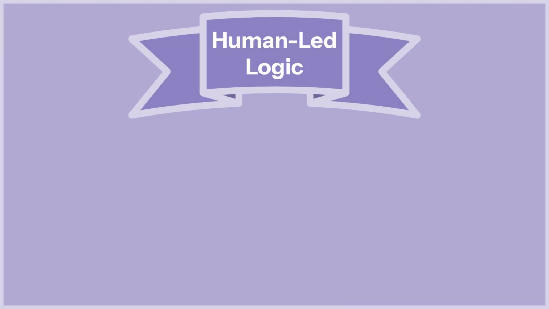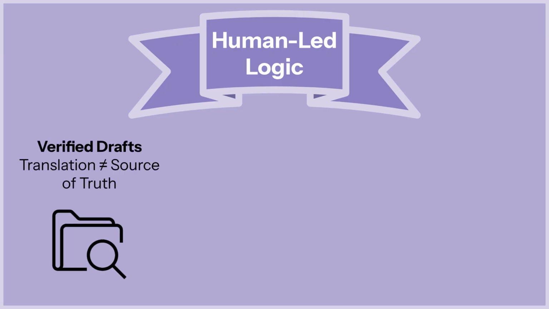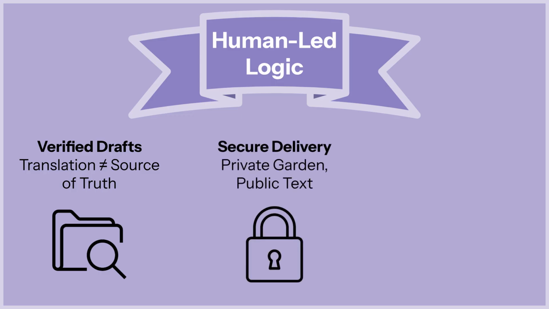As ever, my critical health warning on keeping the human in the loop. Firstly, pillar 1, verified drafts. This is a translation, not the source of truth. Always cross-reference the AI's FAQ against the original board-approved policy before it goes live. Secondly, secure delivery.